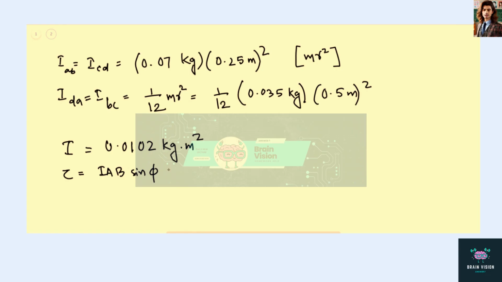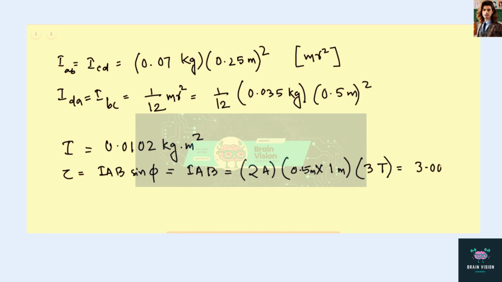Here phi is 90 degrees, so sine phi becomes 1, and we just have torque equals I times area times B. That's 2 ampere, the area is 0.5 meter times 1 meter, and the magnetic field is 3 Tesla, and we get the magnitude of torque to be 3.00 Newton meter.